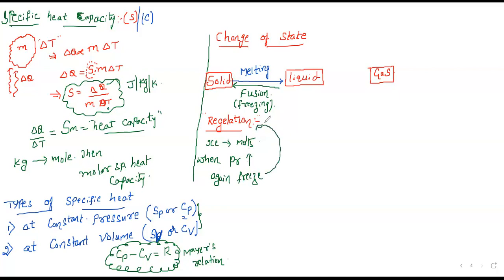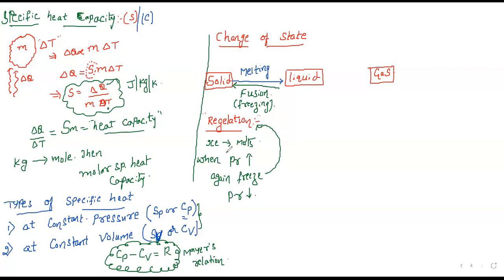So what is regelation? When pressure is increased, the ice starts melting, and again the ice is going to freeze. That phenomenon we call regelation. In the case of regelation, the pressure has to decrease here.